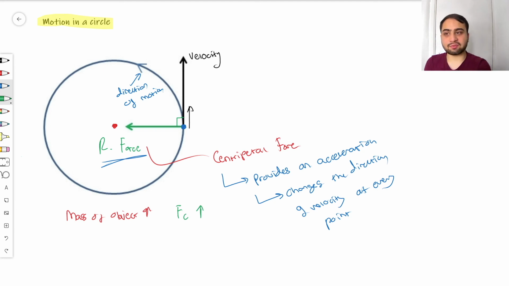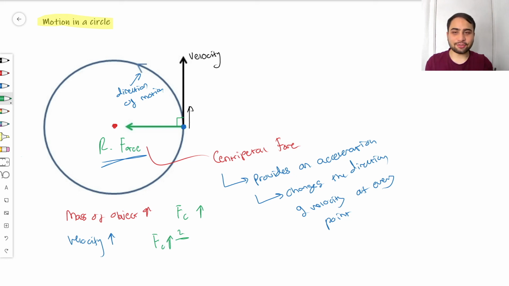Now, if the velocity of my object increases, so how fast I'm traveling around in the circle, my centripetal force also increases by a factor of 2, so it gets squared.